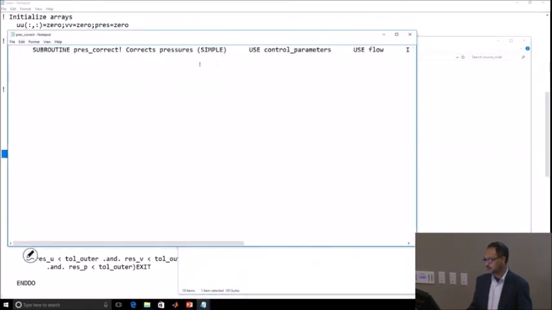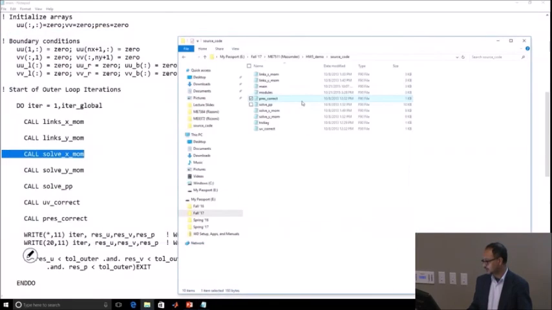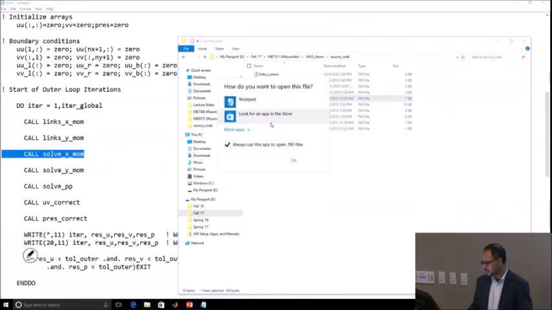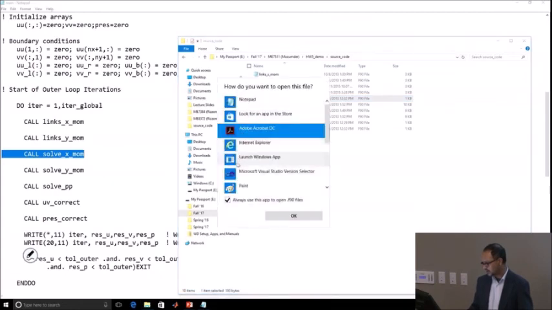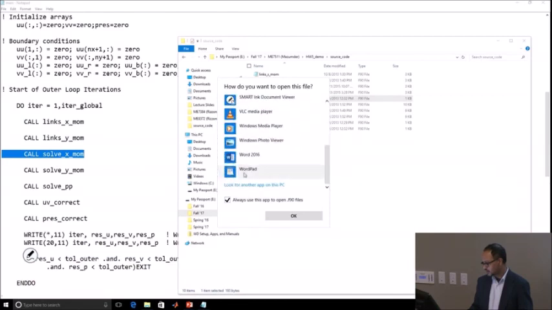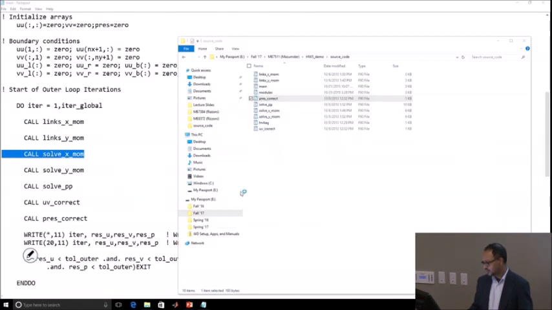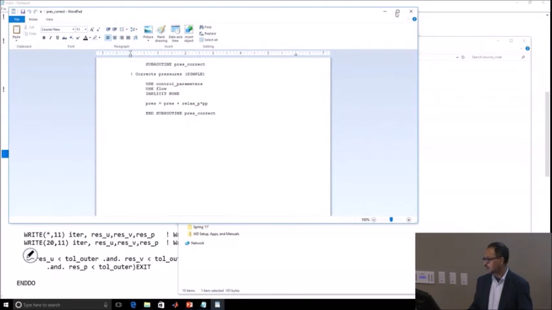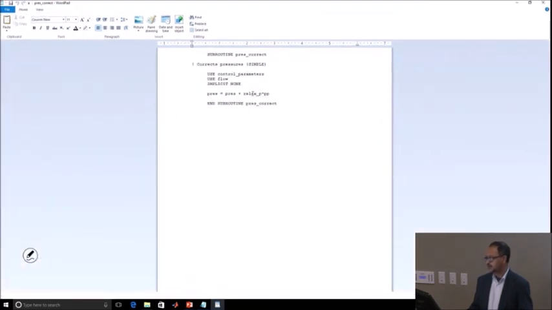This somehow got messed up. Let's see. Okay, there we go. You can see there is really nothing. It just says pressure is equal to pressure plus relaxation P times PP.